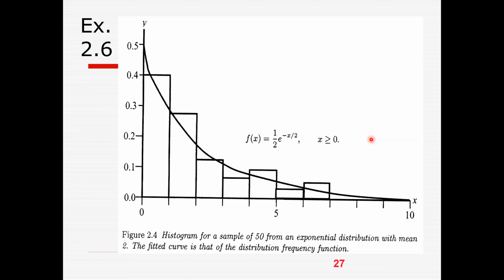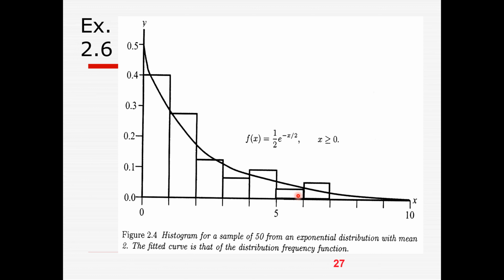So this curve here is the PDF of this exponential distribution. And these bars here are the histogram of the 50 observation sample generated by the computer with this distribution.